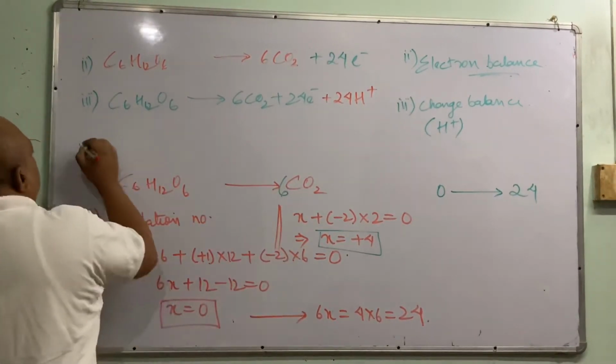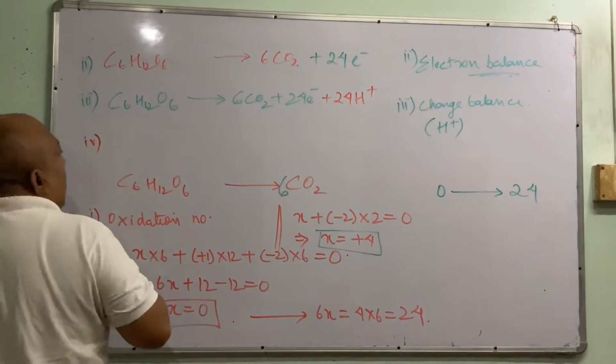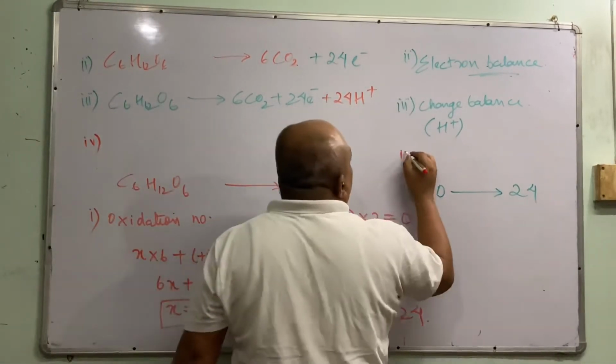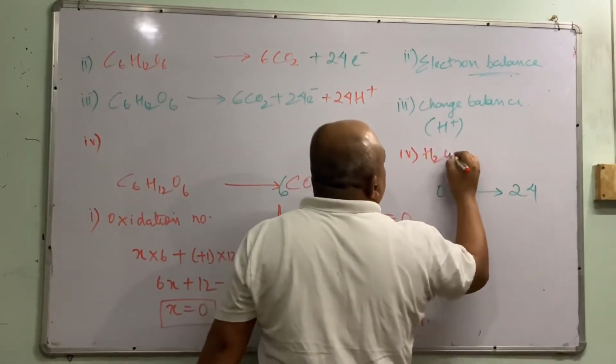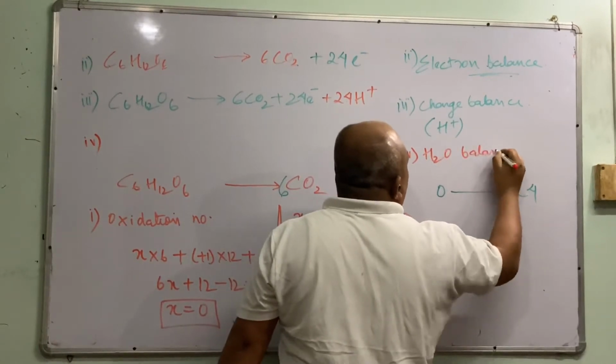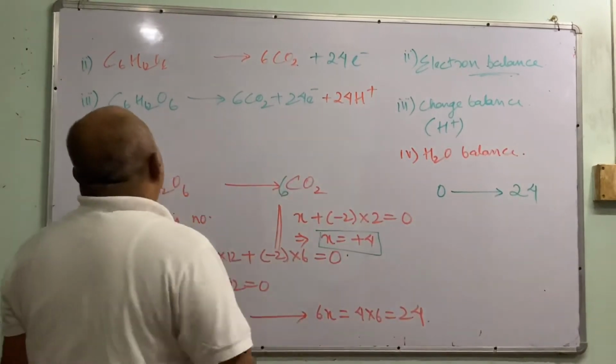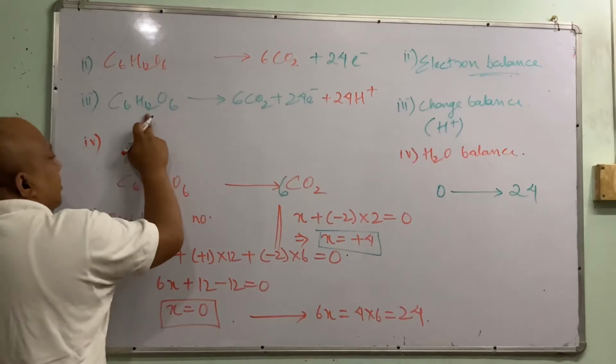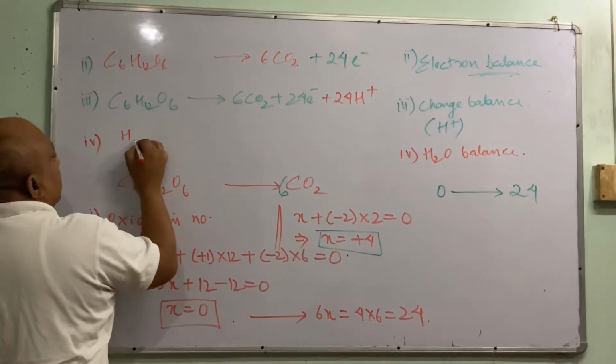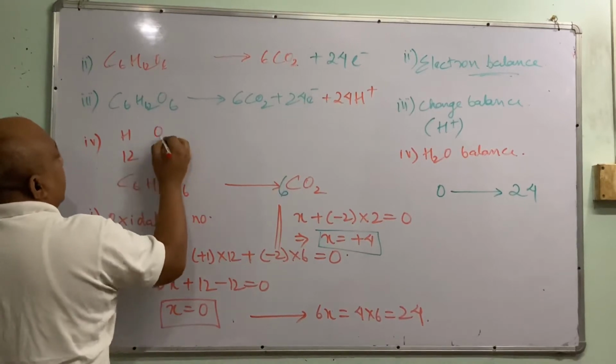Okay. Then number 4. Number 4, we call it water balance. You see over here, there is hydrogen 12, oxygen 6.